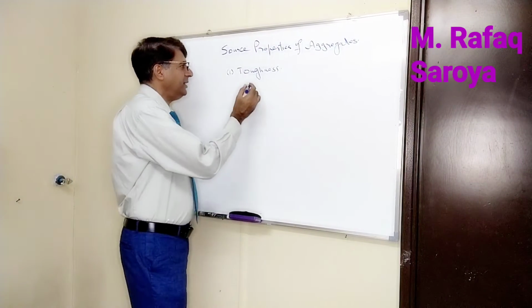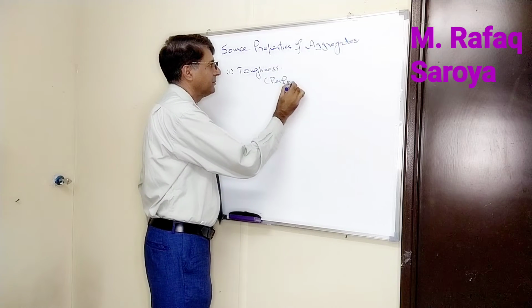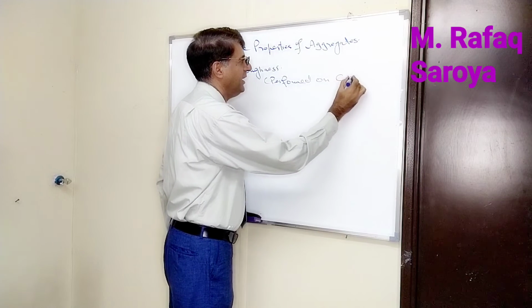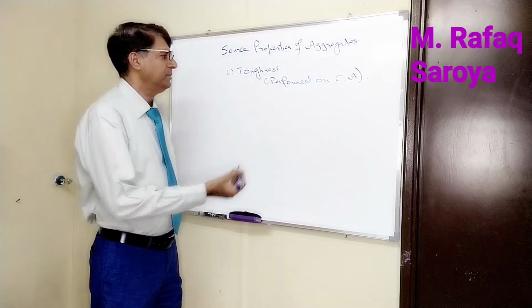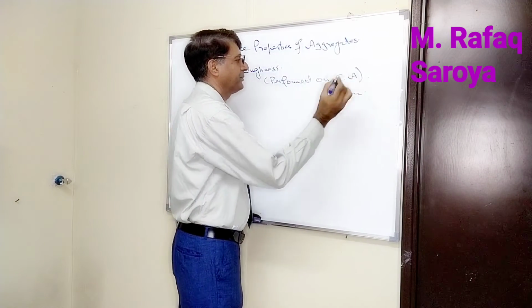It is always performed on coarse aggregate, CA. CA means coarse aggregate. Same group that is retained on 4.75 mm.